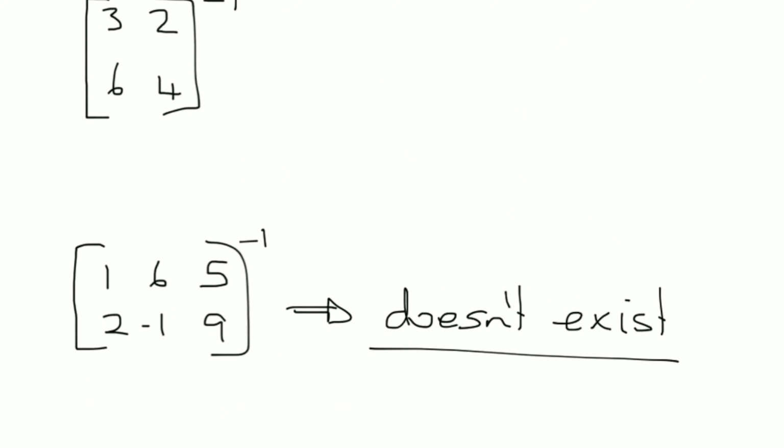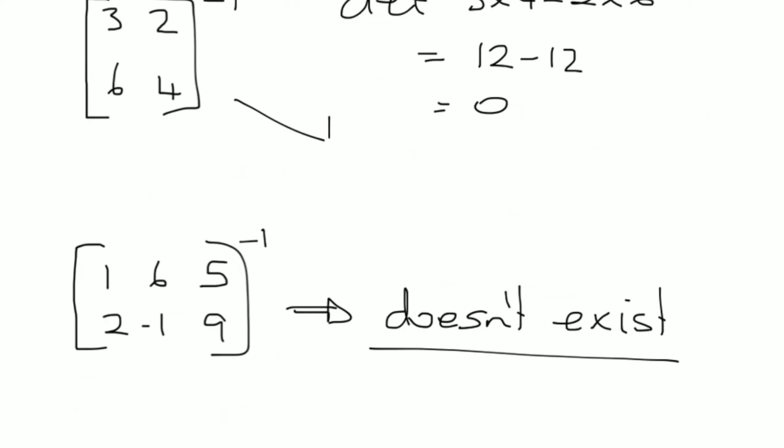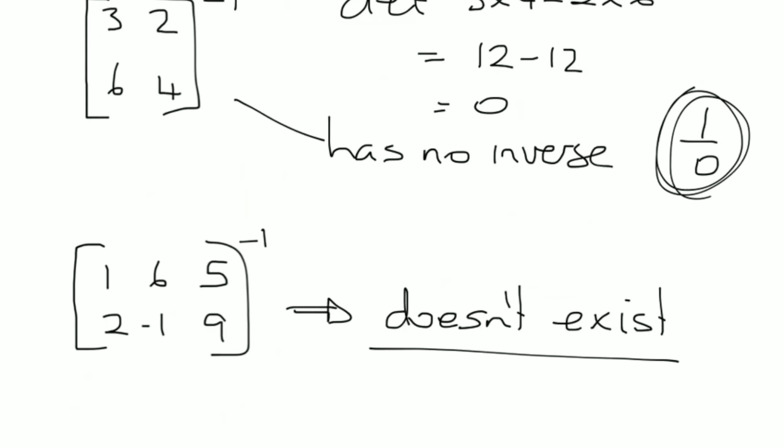On this one up here, let's have a look at the determinant. It's 3 times 4 minus 2 times 6, which is 12 minus 12, and that equals 0. So this one has no inverse either, because the inverse requires 1 over the determinant, and this doesn't exist.